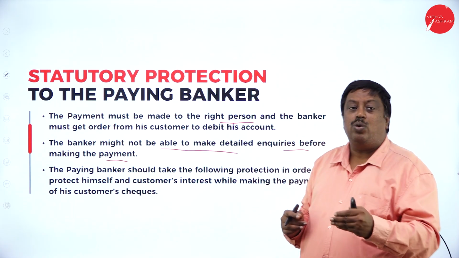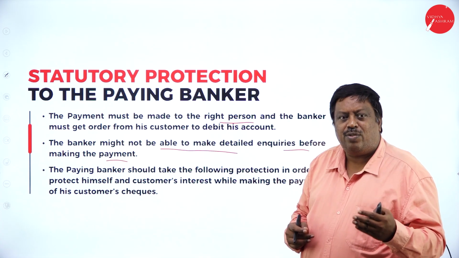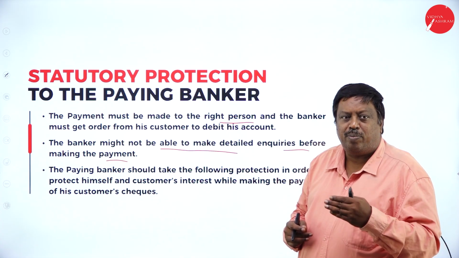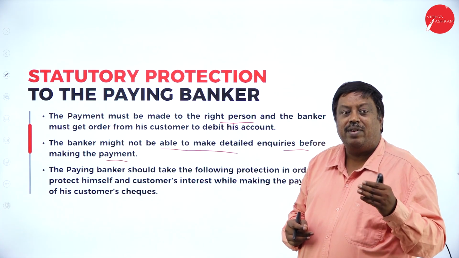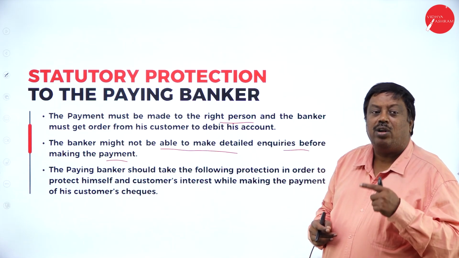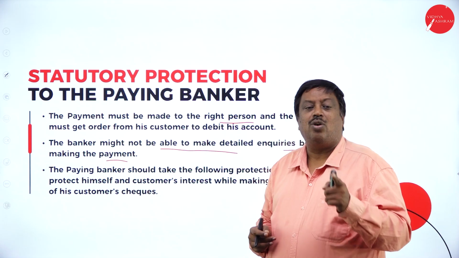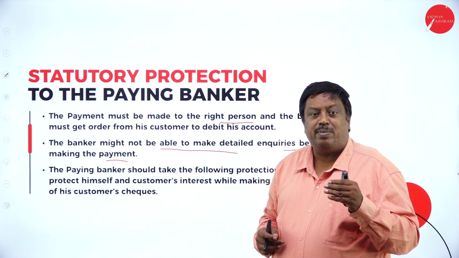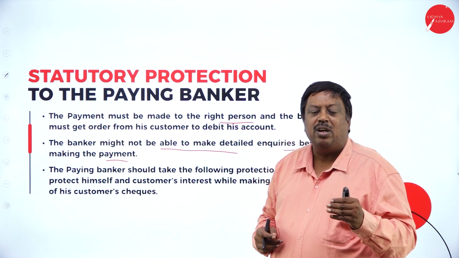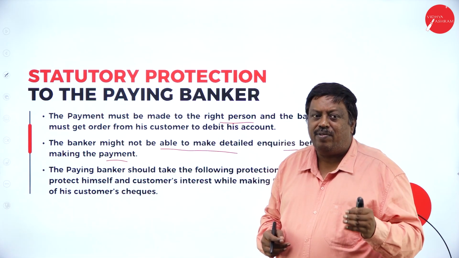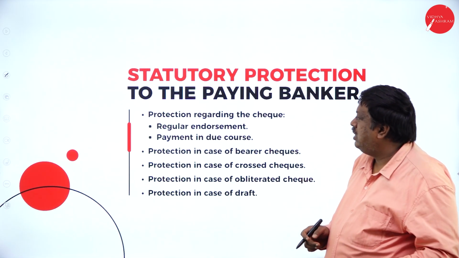If it's a huge amount, then it is the duty of the paying banker to collect the information properly and check whether an open check has been given or not, and whether we have to make the payment to this person or not. Everything has to be verified, then they have to make the payment, or else tomorrow the paying banker will be held responsible for the consequences.